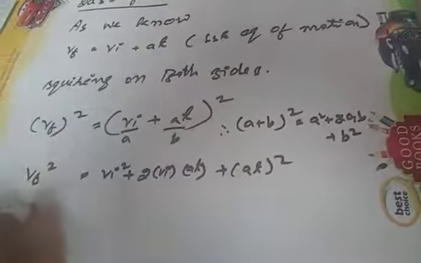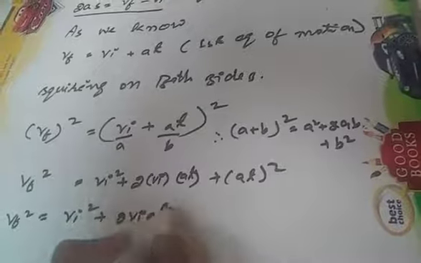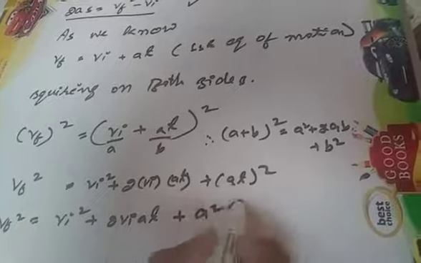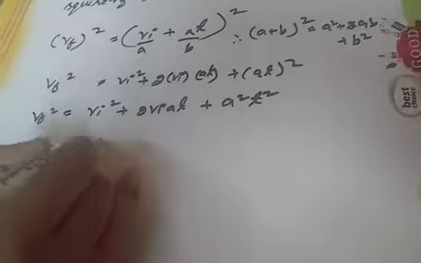So vf² is equal to vi² plus 2 vi into at plus a² into t². From this equation we can note vi² plus 2 vi at plus a²t².